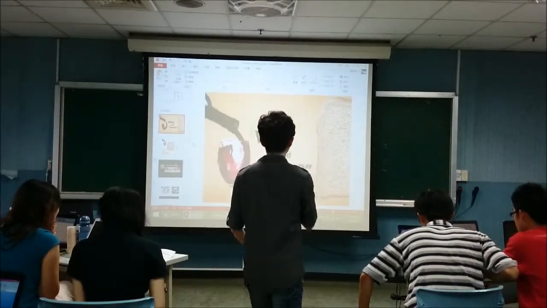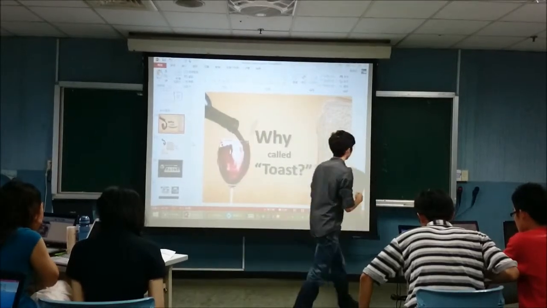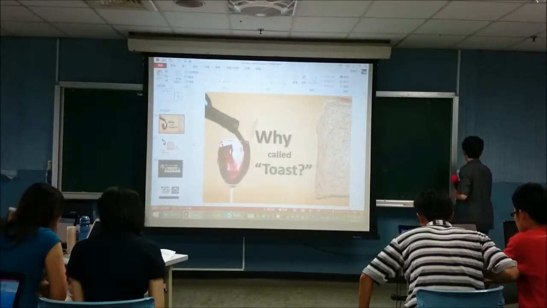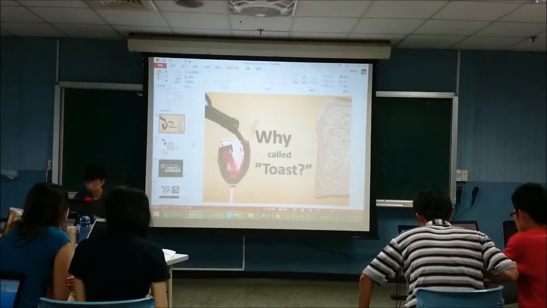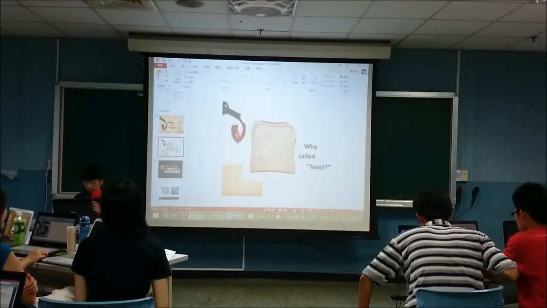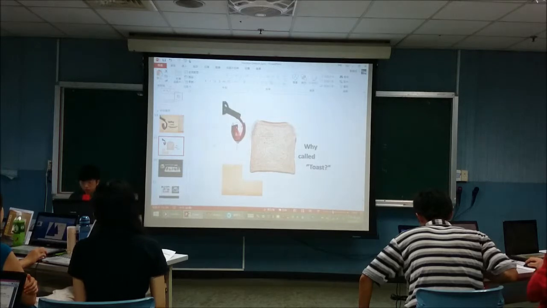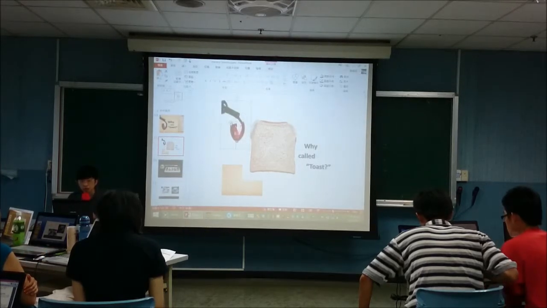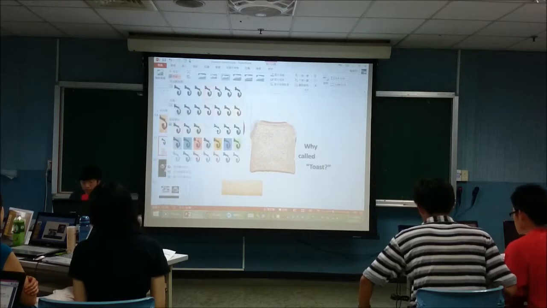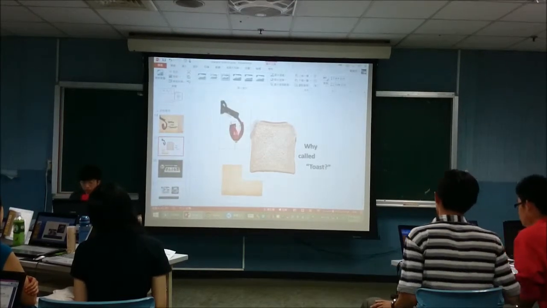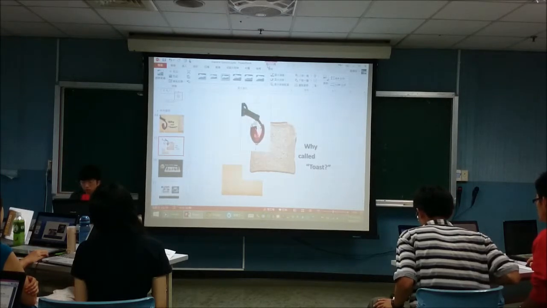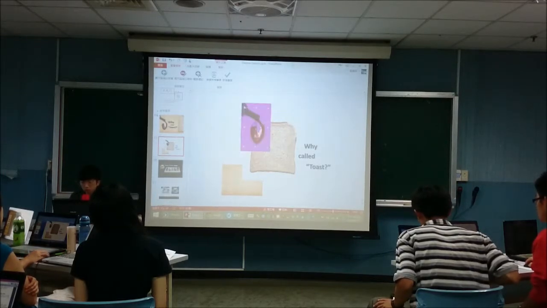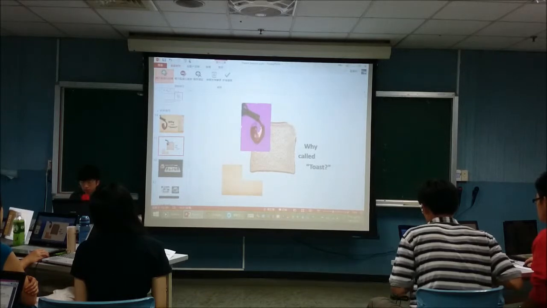Okay, I'll show you how to do it. For this one, we can do it by either setting transparent colors to remove the background, or remove the background by itself.